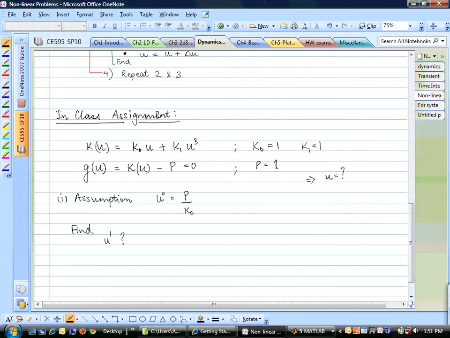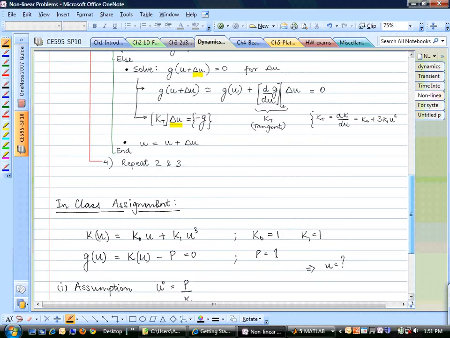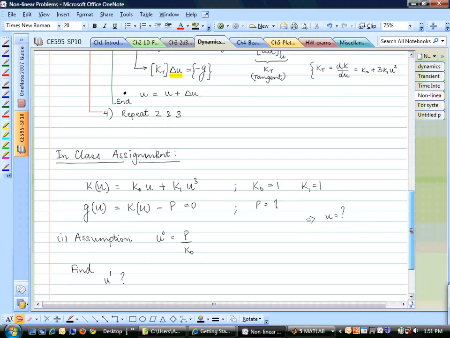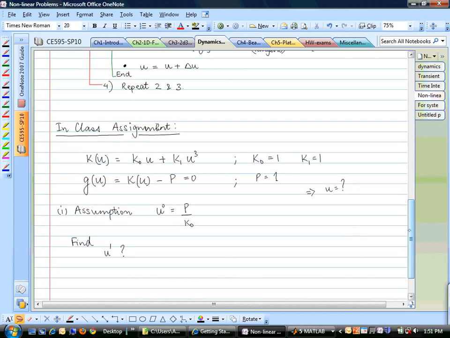So you have to go through this step once. You just have to find delta U and tell me what is the next solution that you would assume according to this Newton's method. So is the problem clear?